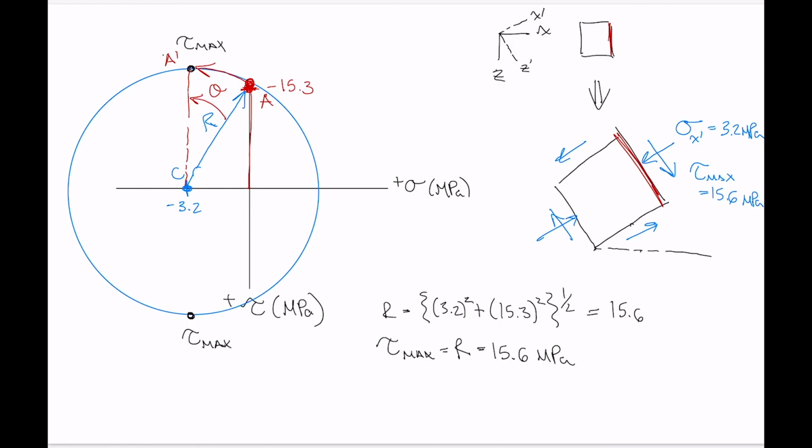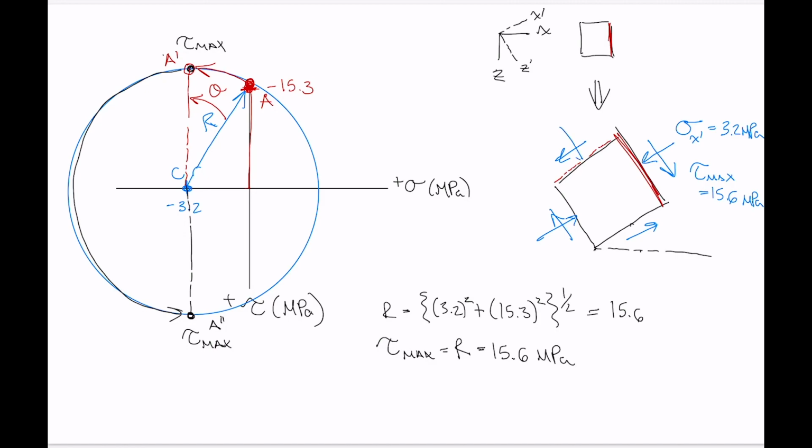And now remember, for the normal stress on this other side here, which you don't get through point A, what you need to do is imagine yourself taking the element that we have and rotating it around by another 90 degrees, which corresponds to a rotation by 180 degrees on our circle down to A double prime here. And the x-coordinate of that gives you the normal stress on the other side of the element, which is also 3.2.